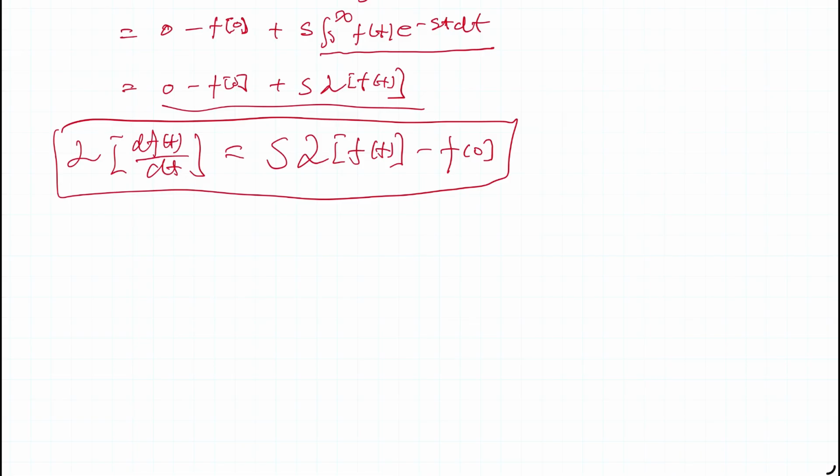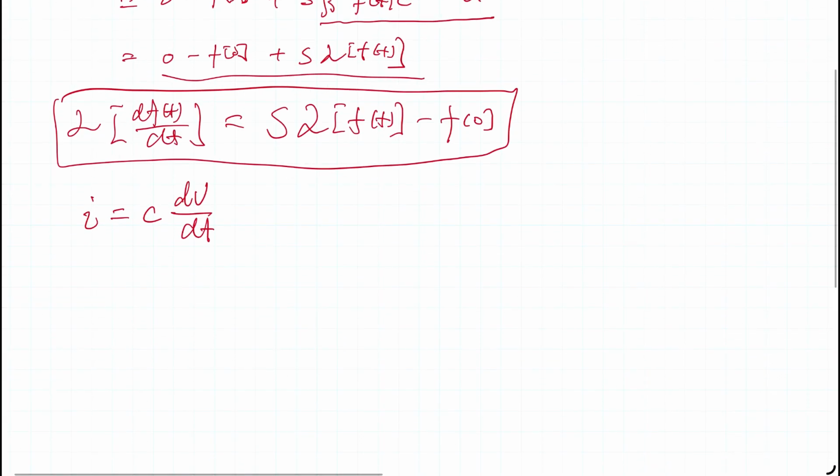Take for example a capacitor. We know the current of the capacitor equals C dV/dt. It is proportional to C and the derivative of the voltage. If we look at this in Laplace format, we get the Laplace transform of the current equals a constant times this derivative turned into Laplace format with this equation.